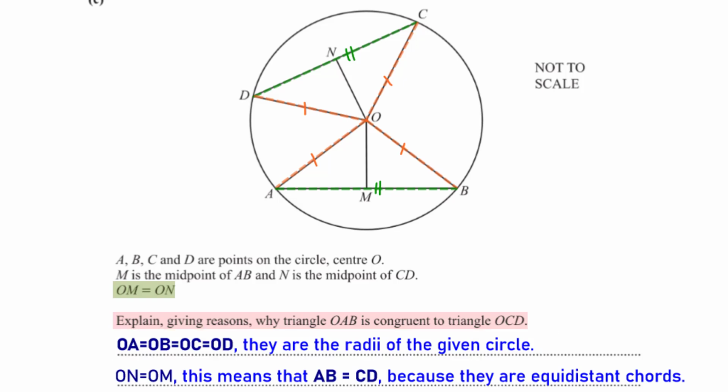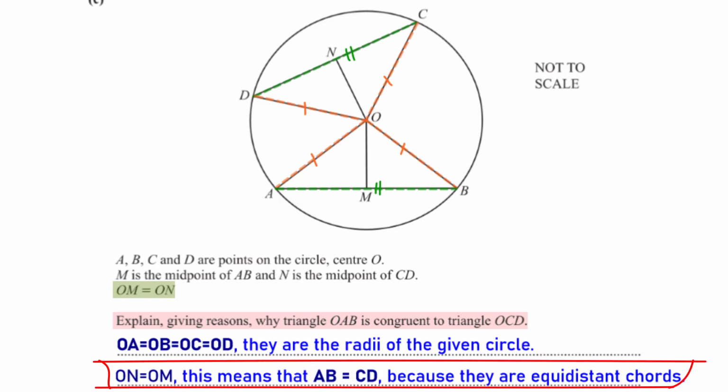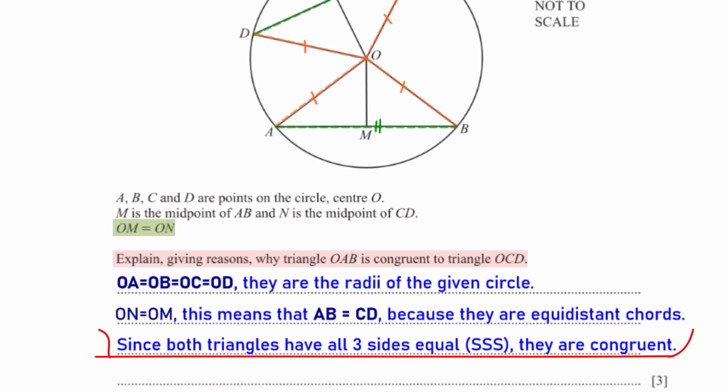In the question, we've been told that ON equals OM. If ON equals OM, then it means AB is equal to CD because they are equidistant chords. Now that we've shown that triangles OAB and OCD have their corresponding side lengths to be equal, we can conclude that based on the SSS criteria, they are congruent.